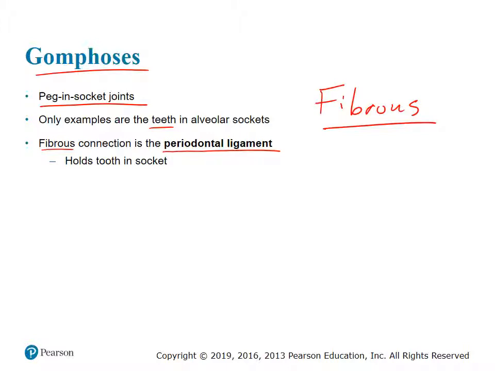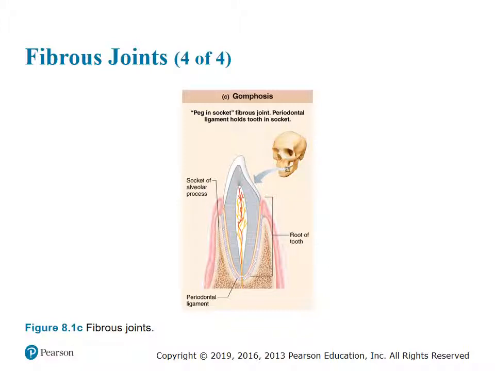This holds the tooth in the socket, and in fact, we can see that there, and if I can change the color here, anything I'm drawing in blue here, there is the periodontal ligament.